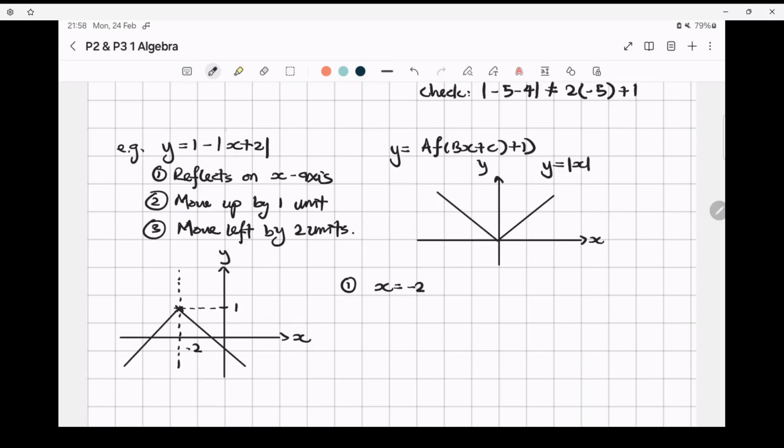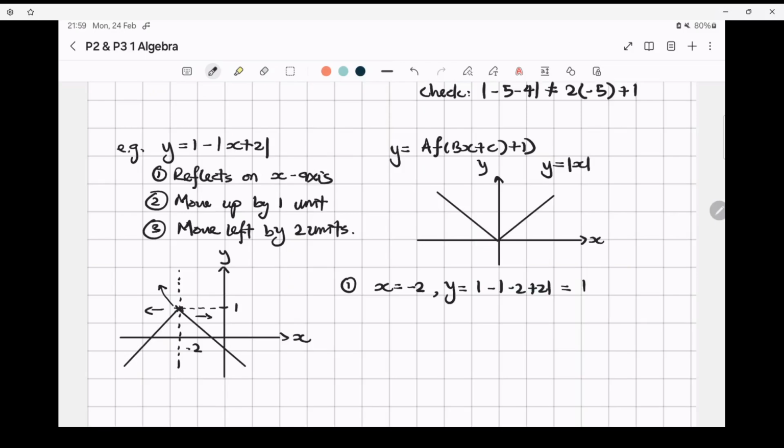So minus 2 plus 2 over here, it becomes 0. So then y will be 1 minus 0, which is 1. Sorry, what am I doing? Minus 2 plus 2. So this is just 1. So then you got the first point over here. Then you try to find 1 point to the left, somewhere around here, and 1 point to the right, somewhere around here. Then you should be able to plot this graph.